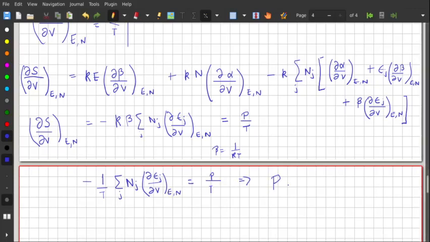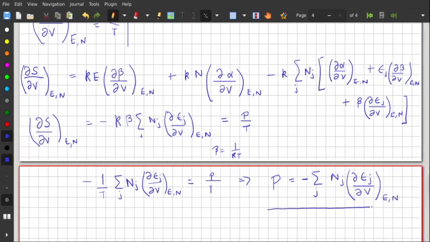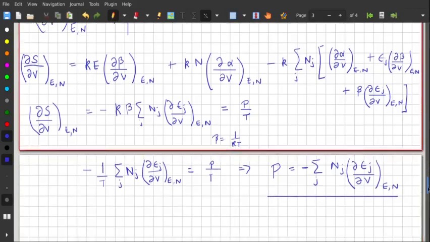So the pressure can be written as P equals minus sum over j of n j partial epsilon j partial V at constant E and N.